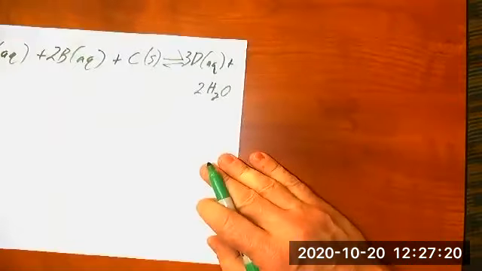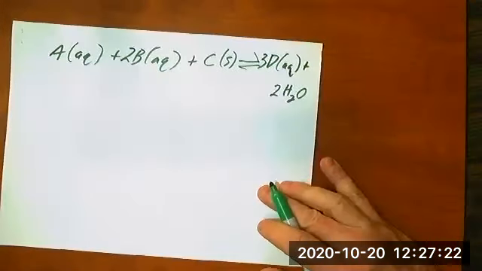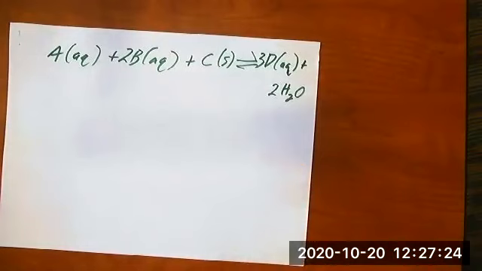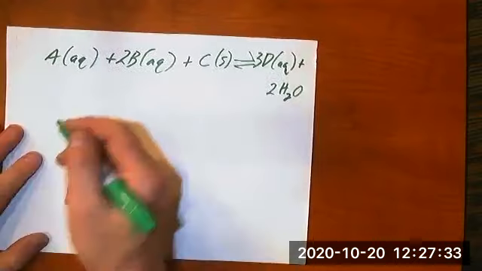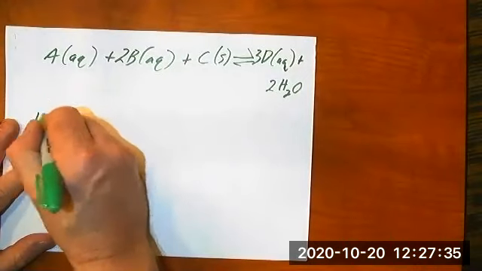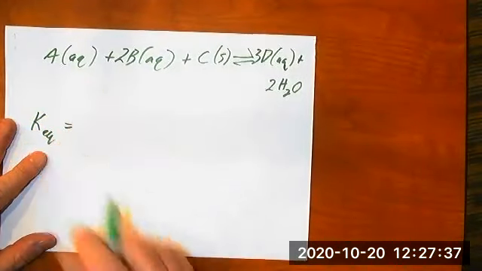Okay, so something like that. So the first thing you would do is write down the expression for the equilibrium constant. So KEQ, what will that be in this case?